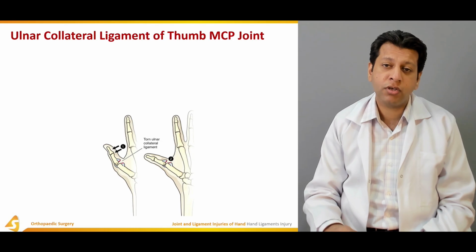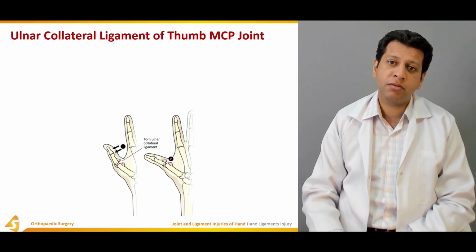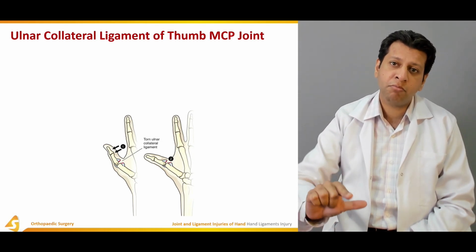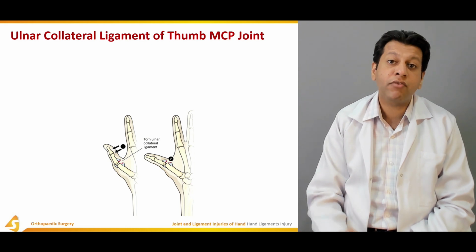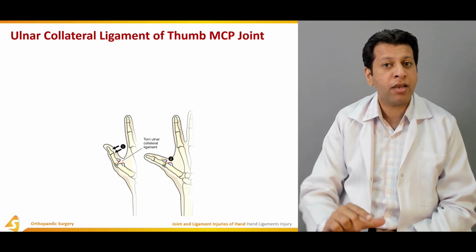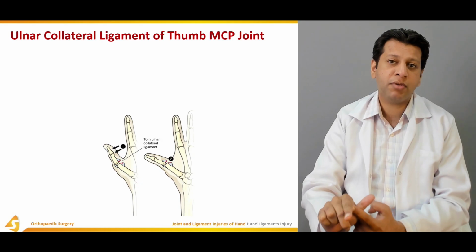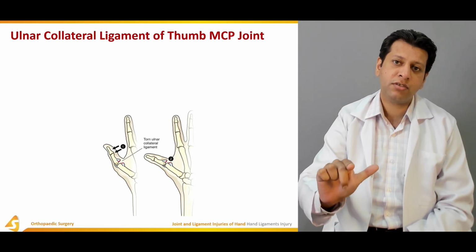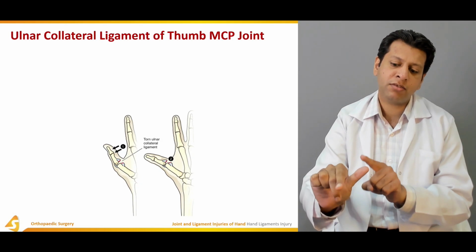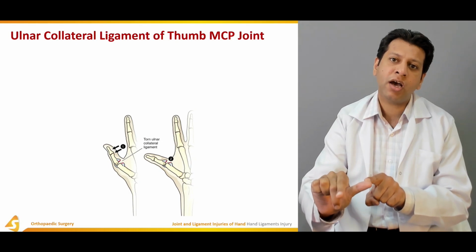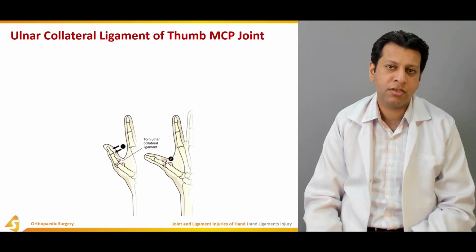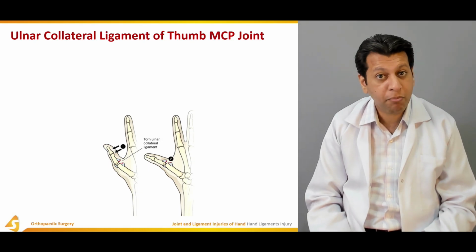They used to hold the rabbit between their index finger and thumb, and break the neck of the rabbit by applying force with the thumb against the index finger. If you see this, as I apply a force like this, my thumb is going into hyperabduction and extension, and this is what used to happen.